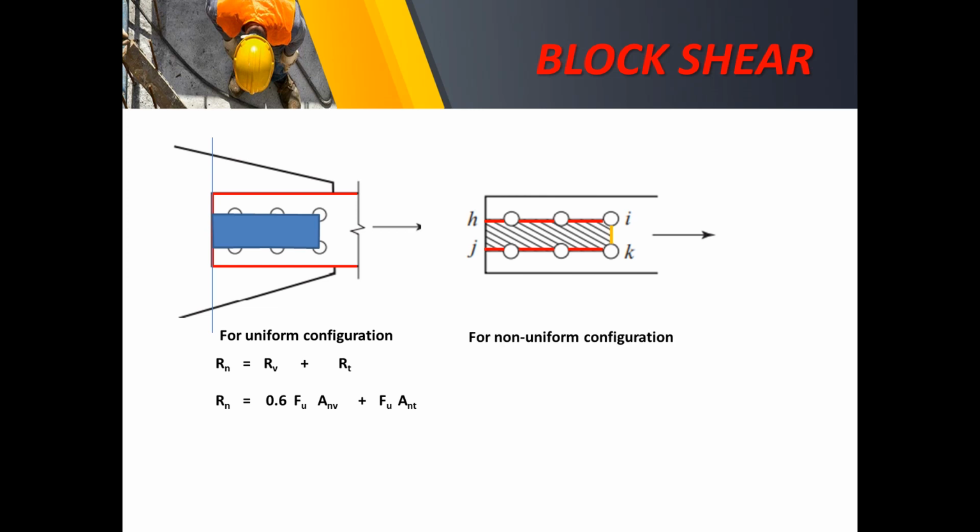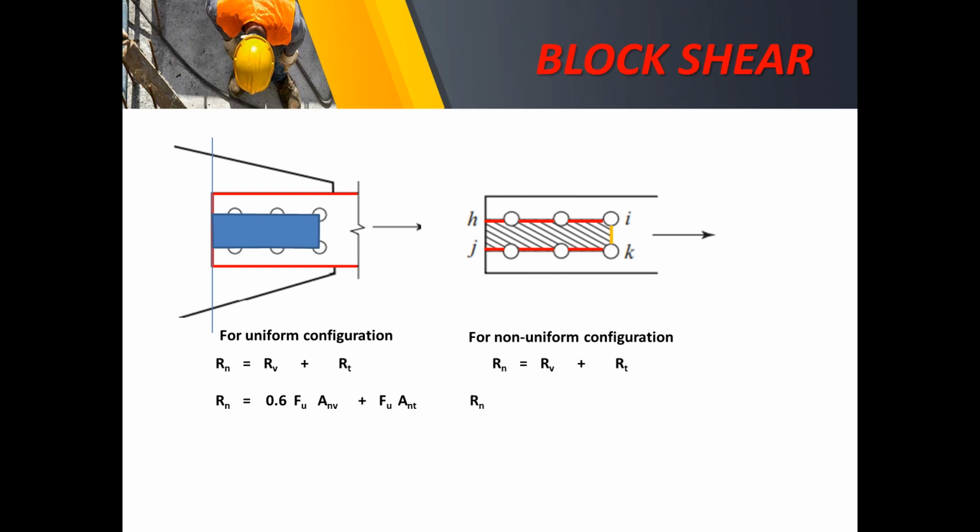For non-uniform configuration, or an arrangement where there will be a pitch and a gauge distance, we have the equation: the nominal strength is also the sum of the strength from the shear and the strength from the tension.